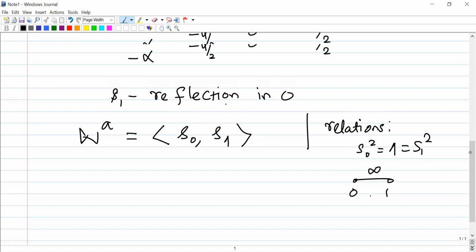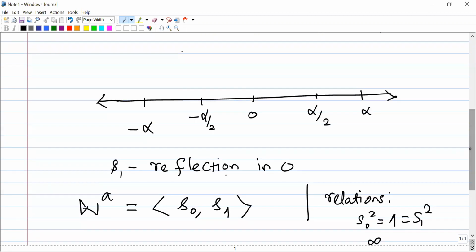With respect to this line R alpha, how can this S naught be identified? S naught is the reflection about this alpha by 2. Because this alpha by 2, we are identifying with omega. Let me use some different color. So this is omega, which most of the time will be identified with 1.